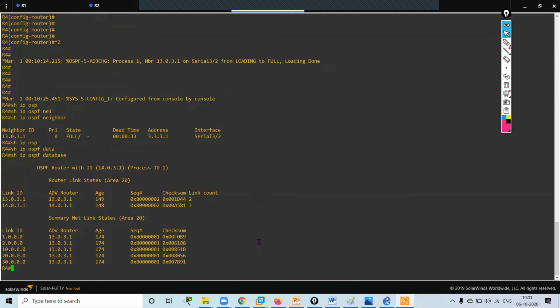One more question here. It is showing the state full. It should show either BDR or DR under state, right? No. This is not a BMA network. This is a point-to-point network.